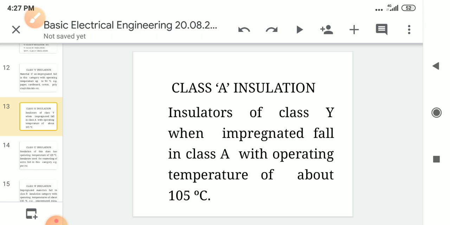In transformer windings, we insert this type of arrangement. A thick paper is used and is immersed in a liquid such as oil, like that. In that condition, we use it to prevent short circuit between the low and high voltage windings in a transformer.